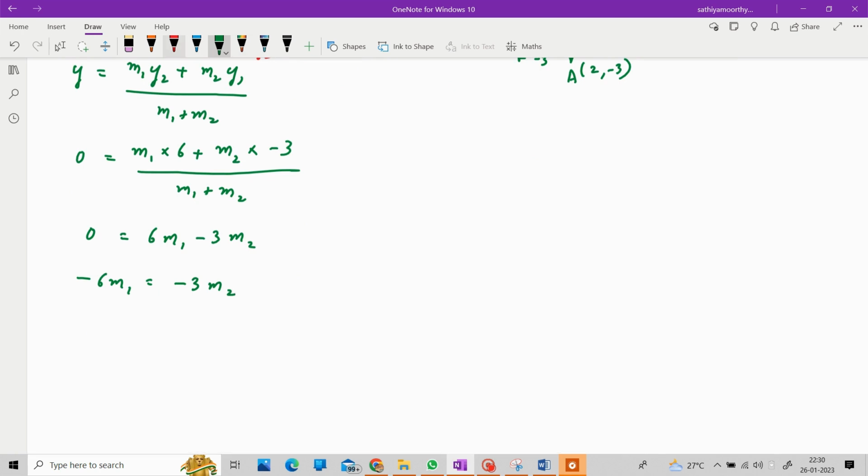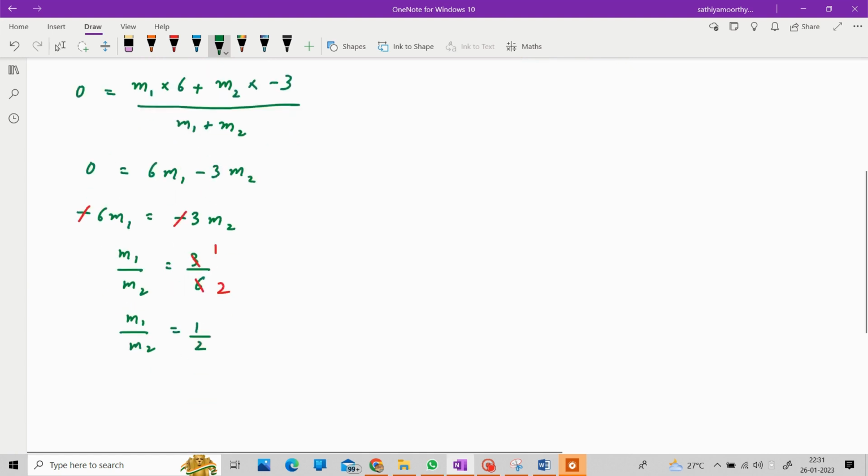Now the negative sign and negative sign get cancelled, and then m1 by m2 is equal to 3 by 6. If I cancel, 3 one times and 3 two times. So I get m1 by m2 is equal to 1 by 2.